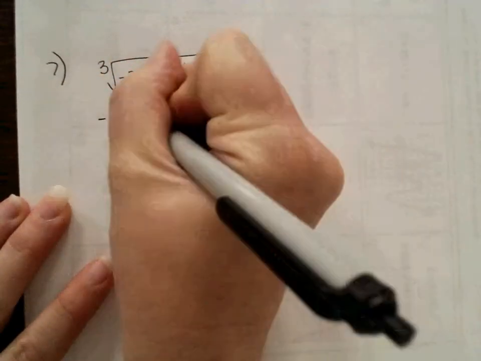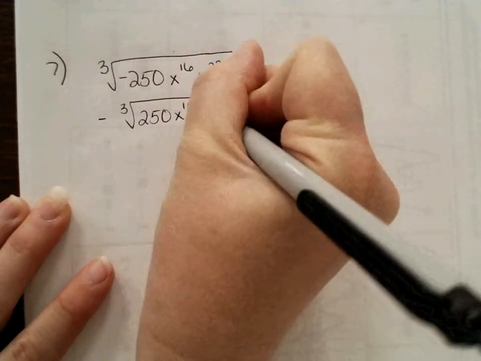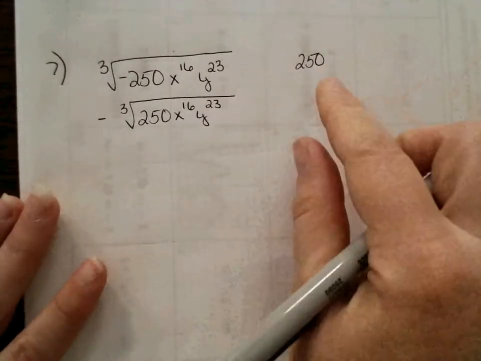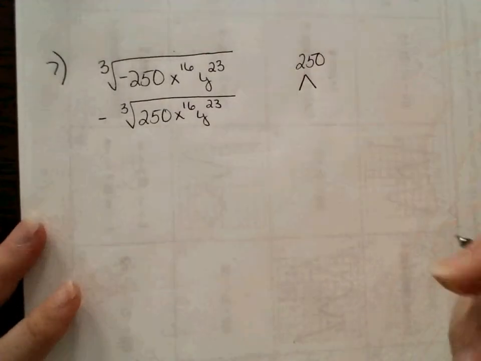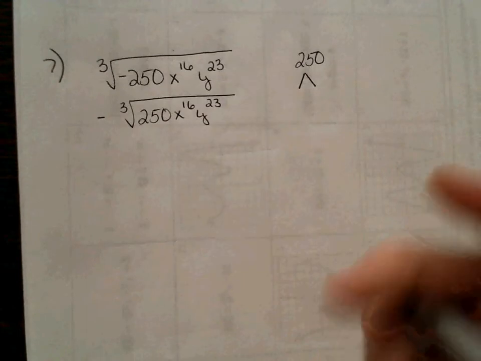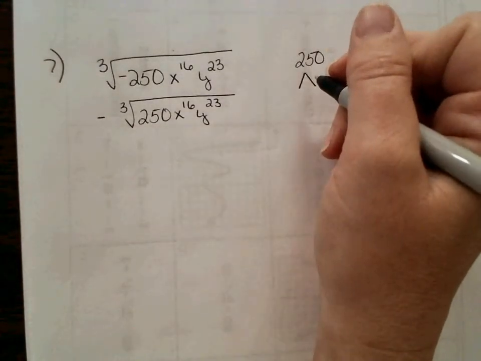Okay, so first thing, pull your negative outside. Did you get points taken off if you didn't do that? If you don't rewrite the entire thing, no. If you know that the negative comes out with whatever else, you're fine.